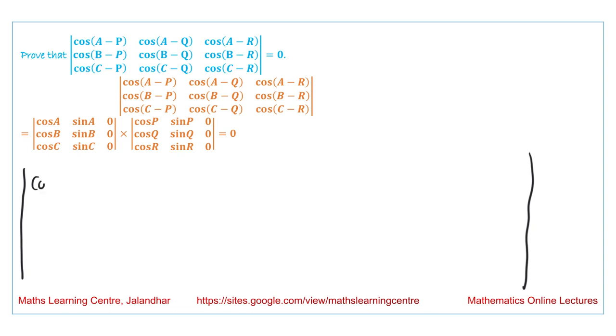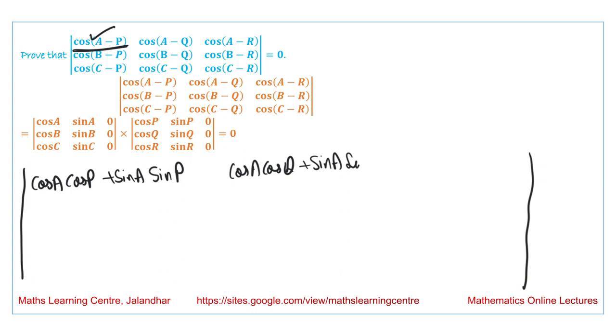We have cos A cos P plus sin A sin P. We are talking about cos of A minus P, then cos of A minus Q will be cos A cos Q plus sin A sin Q, and last will be cos A cos R plus sin A sin R.